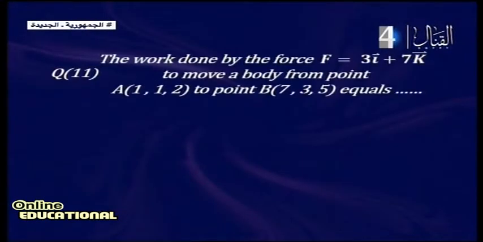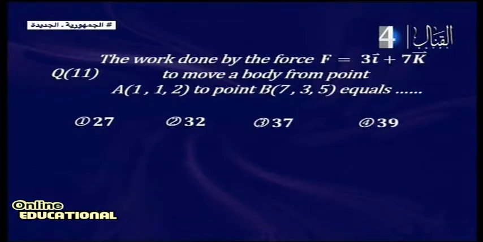The work done by the force F equals 3i plus 7k to move a body from the point 1, 1, 2 to the point 7, 3, 5 equals what? What do you mean by the work done of the force? Choose the correct answer: 27, 32, 37, 39.